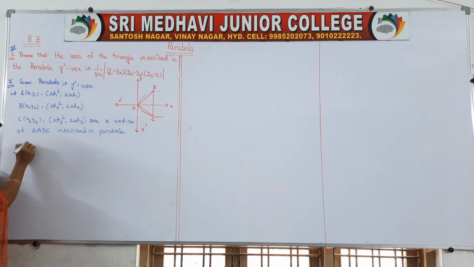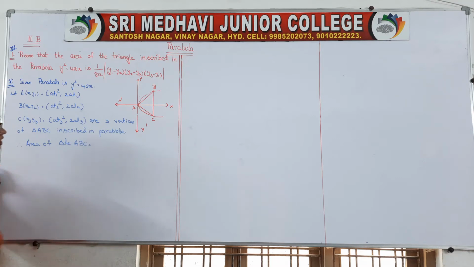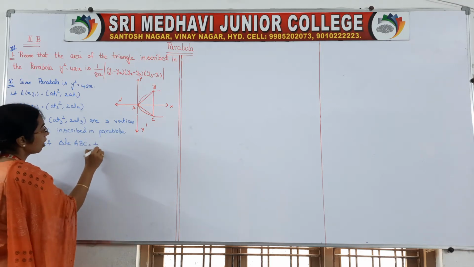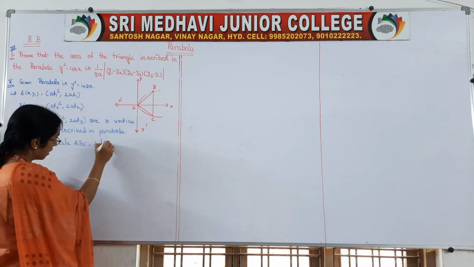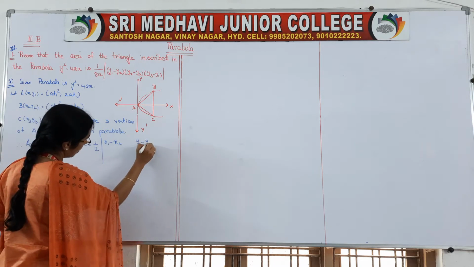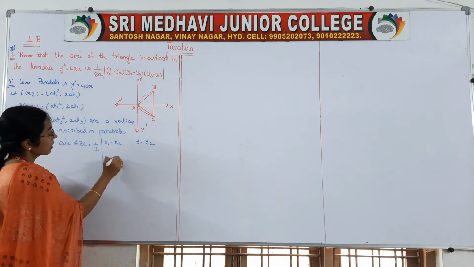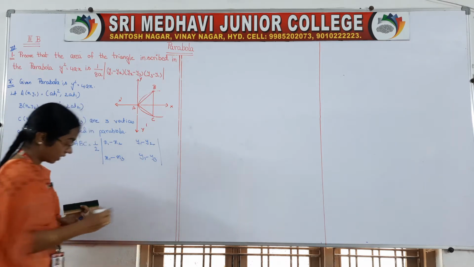So therefore area of triangle ABC is equal to, what is the formula? Modulus of, it is x1 minus x2, y1 minus y2, x1 minus x3, y1 minus y3.